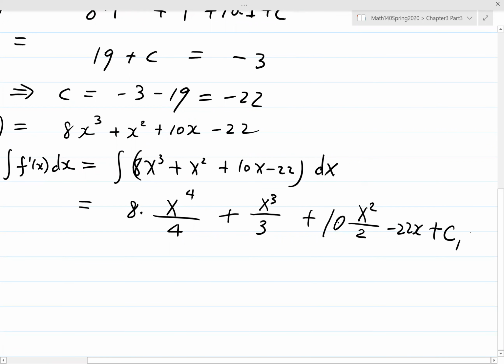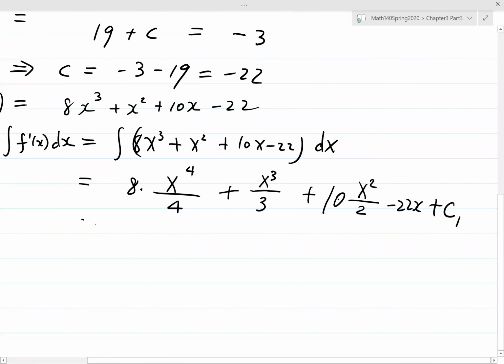Maybe c1, because we already used the c. So finally we get 2x to the power 4 plus x cubed over 3 plus 5x squared minus 22x plus c1. Now to determine c1, we use the function value at 1. So here we know f1.